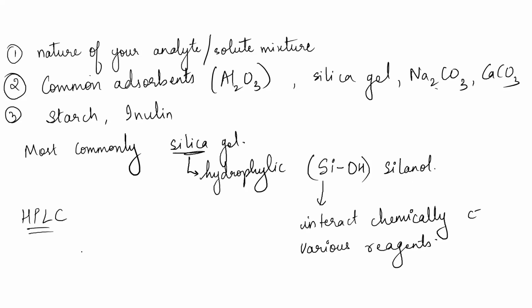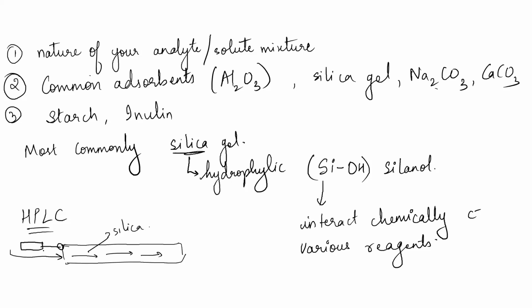Okay. So in HPLC, you have a column packed. This column is the silica column. The mobile phase passes through the column like this. Before you pass your mobile phase, there is a small port from where you can inject your mixture, your sample. So the sample will be first loaded here.